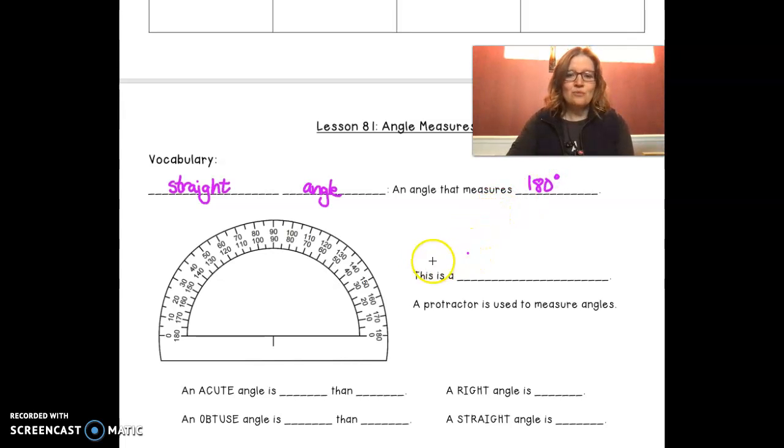Now looking, you're thinking, how do I know that it's 180 degrees? But I want to point out this tool, and it is called a protractor. And it is used to measure angles.